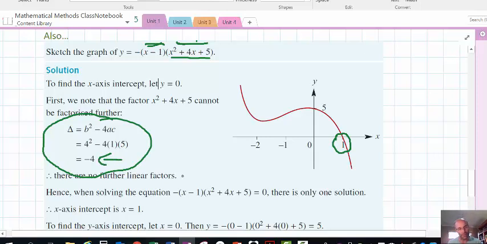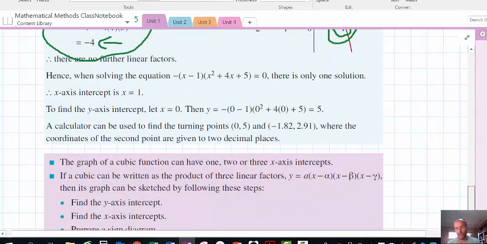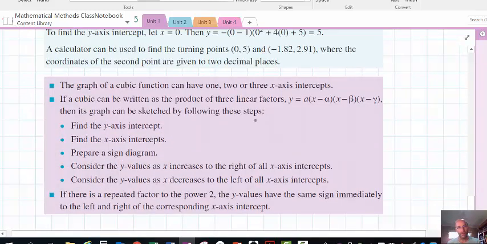Remember, when the discriminant is less than 0, there are no factors, so it only comes from that one. So when x equals 1, we have our factor generated. Of course, we can find our y-intercept by making x equals 0, and we get 5.